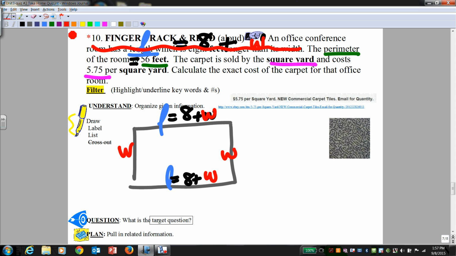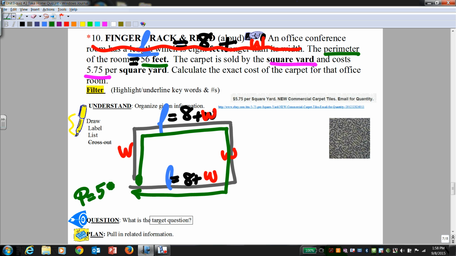The perimeter of the room is 56 feet. Now remember, when you do perimeter, always physically walk it around. So just put your pencil here. Physically walk it around. Put a little arrow there to represent perimeter. And its perimeter equals 56 feet.